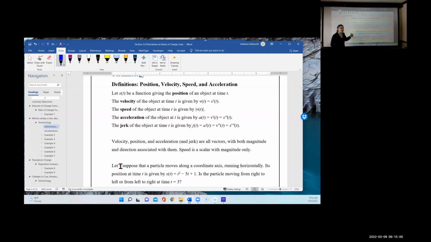And the jerk is that sense when you're in a car and somebody slams on the brake or they slam on the accelerator and you get that motion where you're jerked backwards or you're jerked forwards by the motion of the car. That's the jerk. All right. It's well named, right? So it turns out to be the derivative of acceleration. So it's the second derivative of velocity and the third derivative of position, or v double prime and s triple prime.